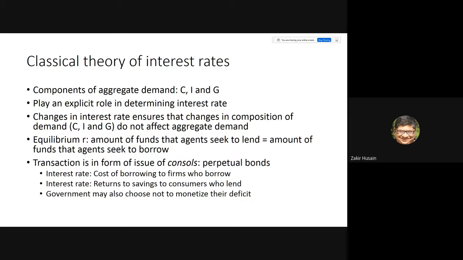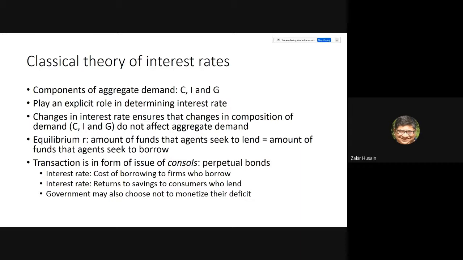Okay. So what is the interest rate now? As I've purchased the bond, I will get a rate of return every year. So if the bonds are for 5%, that means every year I'm going to get 5%. This is the returns to my savings. Those who borrow, they have to pay the 5% interest rate.